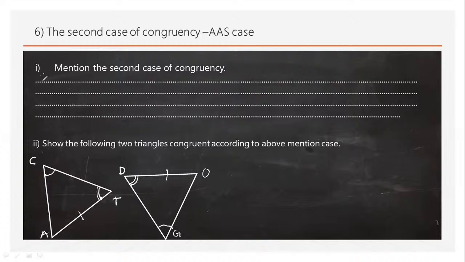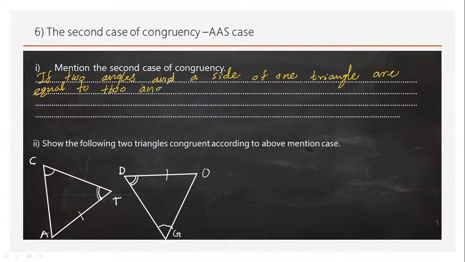If two angles and a side of one triangle are equal to two angles and the corresponding side of another triangle.